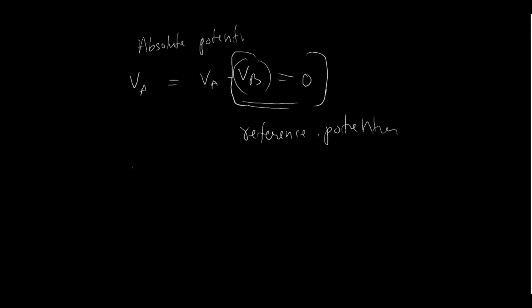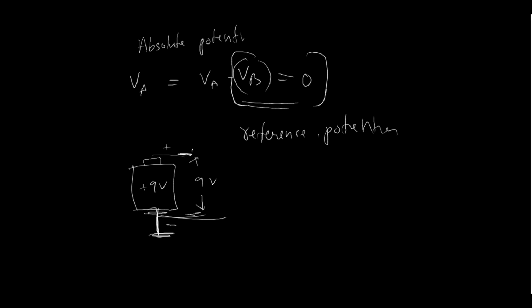in a battery, assume you have a 9 volt battery. What is the meaning of this? The potential difference between the positive terminal and negative terminal, that is the voltage, is nothing but the potential difference, which is 9 volt. So the difference is 9 volt, right? We don't know the reference, so we always take one terminal as the reference and make it 0 volt.